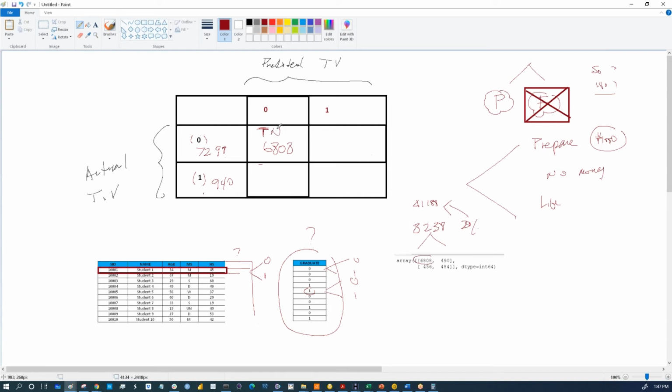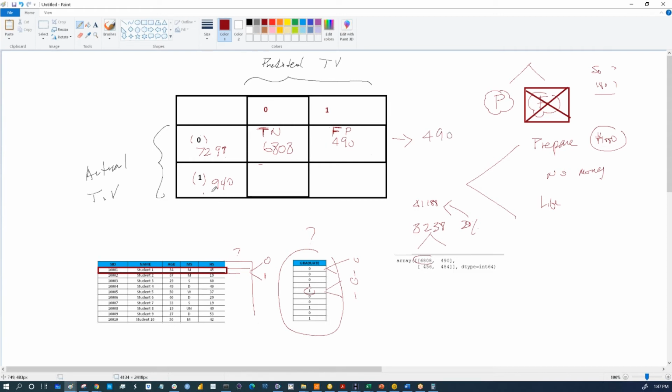And how many mispredictions of these zeros? 490. This is called false positive. And how many errors did the model make on the zeros? 490 errors.